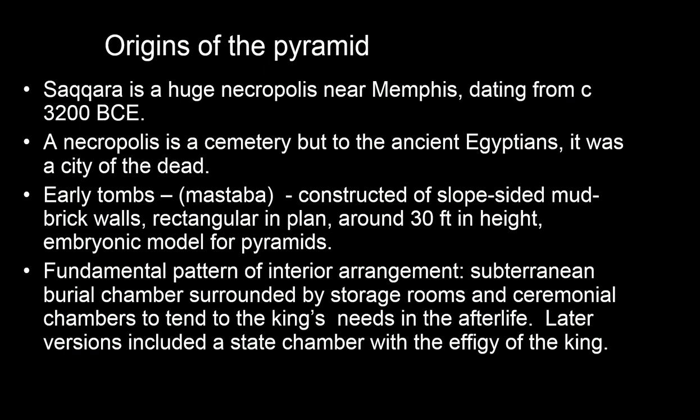The fundamental pattern of the interior arrangement was a subterranean burial chamber surrounded by storage rooms, and then there was the upper part that had a chapel in it. Essentially it was a way of paying homage to this god on earth. They would actually put food and stuff in there so that this person could live in the afterlife. So there was almost always also some kind of a statue, an effigy of the king.